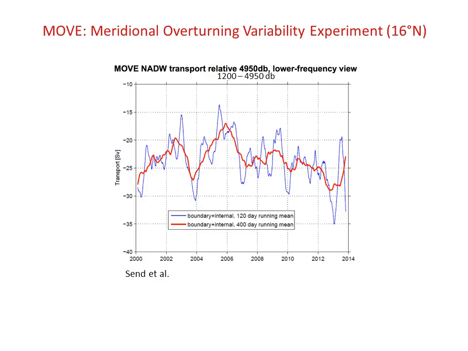Now, I wanted to also show you a contrasting picture here. This is from the MOVE array, the Meridional Overturning Variability Experiment, at 16 degrees north. This is not the complete transect. It is essentially measuring the southward transport on the western side of the Atlantic, west of the mid-Atlantic ridge, and below about 1,000 meters depth.